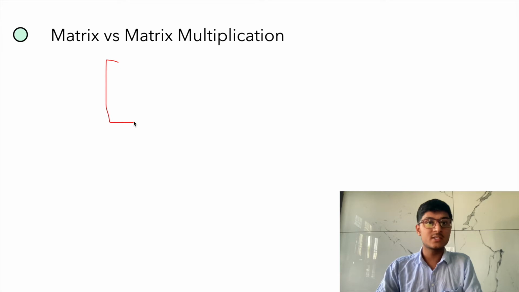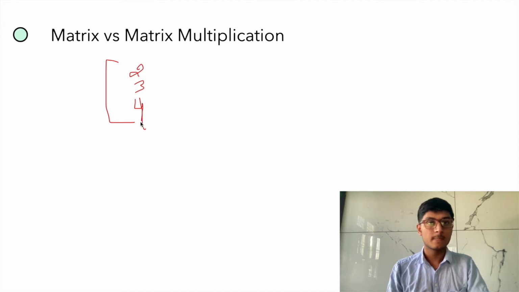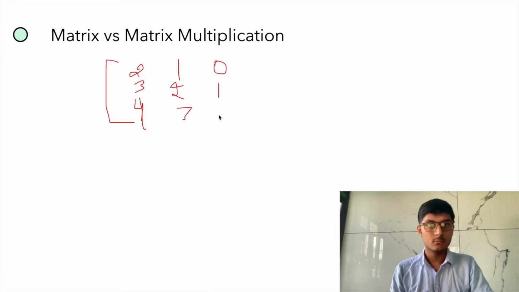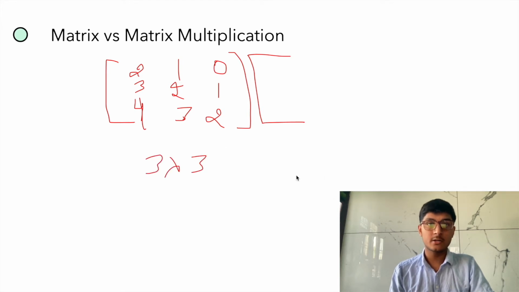So first of all, let's see what happens when a matrix is multiplied with another matrix. So let's take an example of 2, 3, 4, then 1, 2, 3, and let's say 0, 1 and 2. So this will be multiplied with another matrix, say, so this is a 3 by 3 matrix.